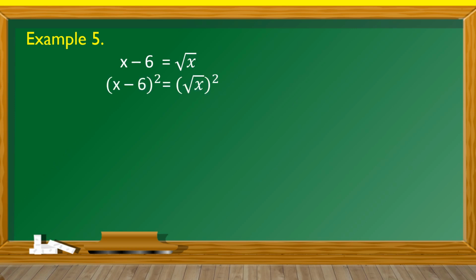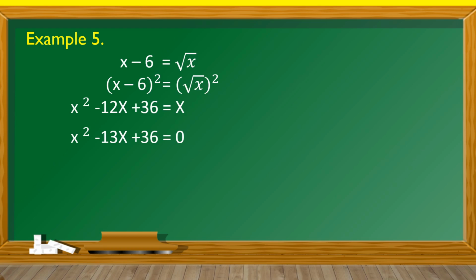So we have the square of x minus 6 is equal to the square of square root of x. Then, square of x minus 6 is x squared minus 12x plus 36, and the square of the square root of x is x. Then, by adding both sides by negative x, the result is x squared minus 13x plus 36 equals 0.